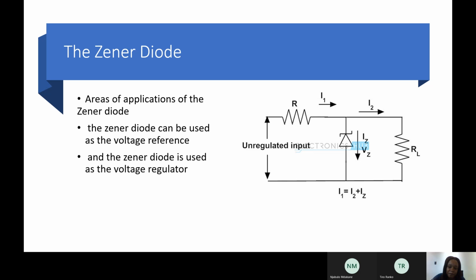Let's say you're getting an input that goes up and down, and you want the output, the load resistor here, to only use 5 volts. The Zener diode will make sure this unregulated input becomes stable, so we have a stable output coming into the load. That is the main purpose of the Zener diode: to make sure we have regulated output.